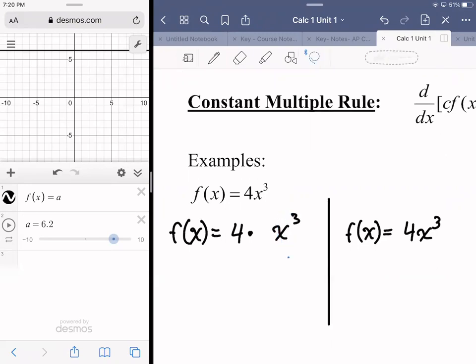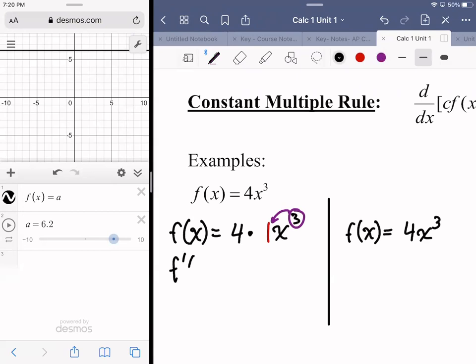Right? So if we look at the first approach, this constant multiple rule, it'll seem nonsensical right now, but when we get to more complicated problems, it'll become more obvious why this is important. So I'm going to go with my understood coefficient of 1 in front of the x cubed, multiply the power by that coefficient, reduce the power by 1.